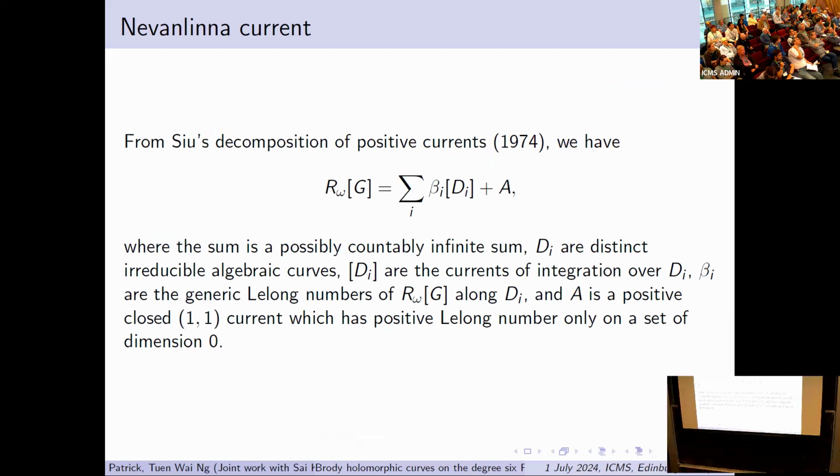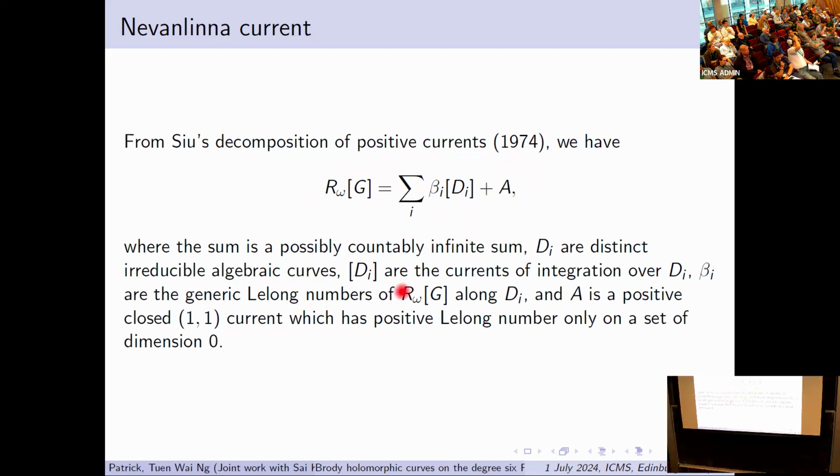And then for positive closed currents, there's a well-known result by Yum-Tong Siu, and he proved that for this kind of current you can have this representation. You can write it as a sum of some other special currents, and those currents are associated with irreducible algebraic curves in our case, because we are considering a surface.